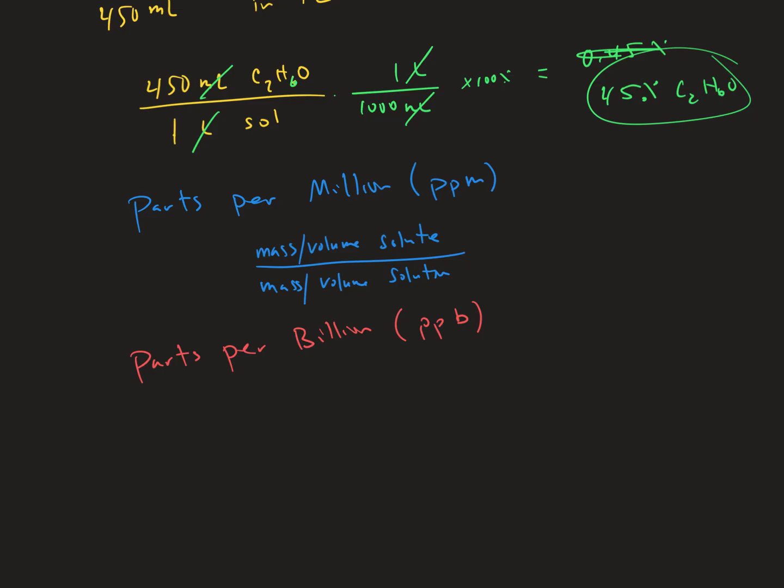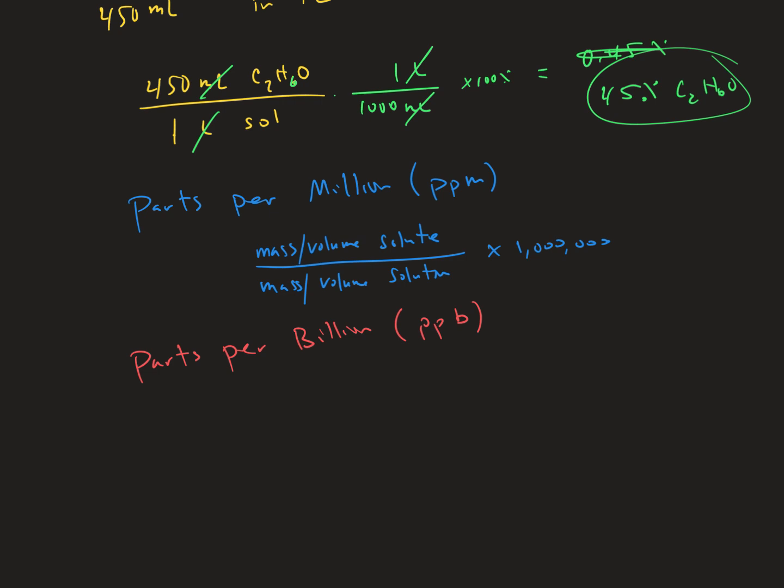We times by 1 million for parts per million. What do we times for parts per billion? 1 billion. Yeah? So just make sure these are the same units, these are the same units, so they cancel.